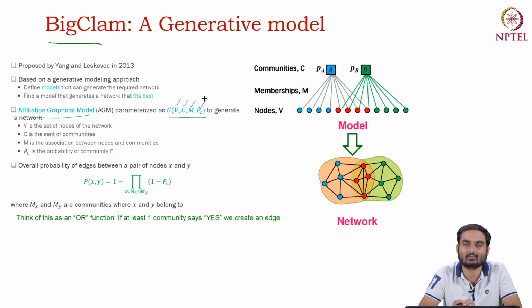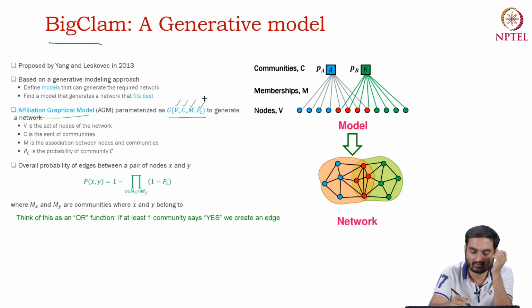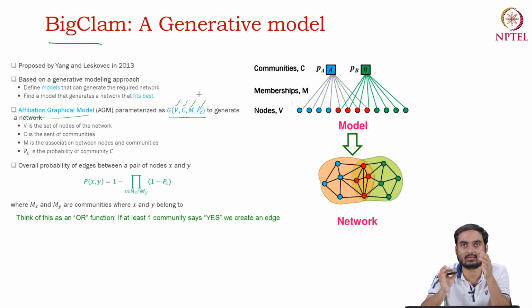The broad idea is that using this model we will assume that the number of communities is given. Although there are methods to identify the number of communities, let us assume that there is some oracle, and the oracle says that the number of communities is 3 or 2.